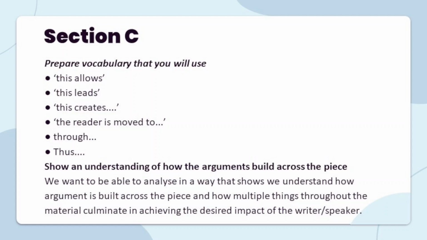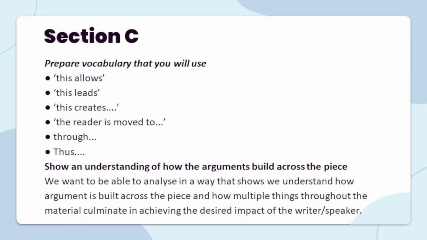Show an understanding of how the arguments build across the piece. That part there, the stronger responses will do. Your topic sentences, unless your school does it slightly differently, are usually stating what the arguments are.